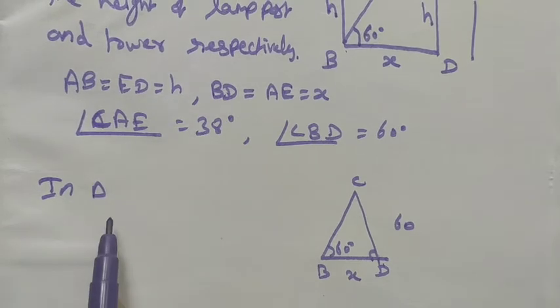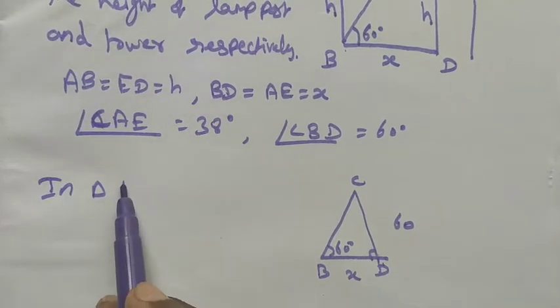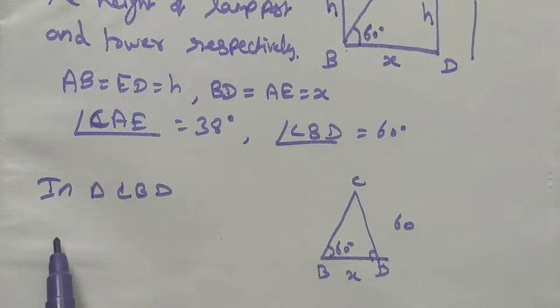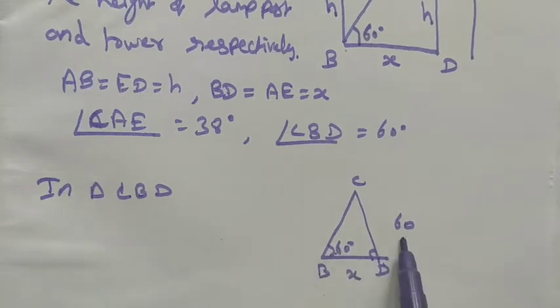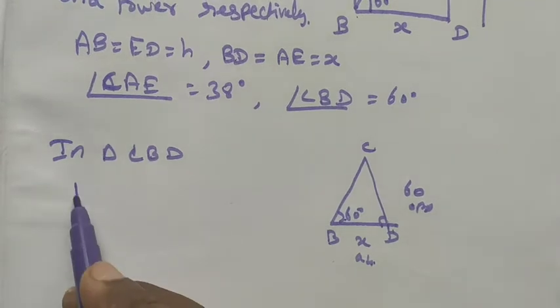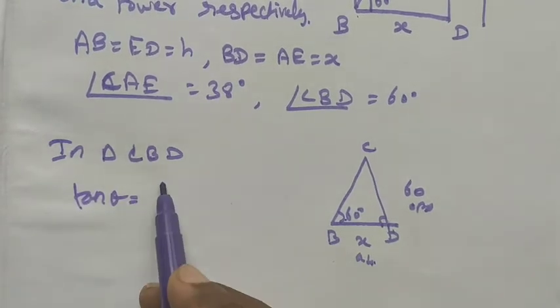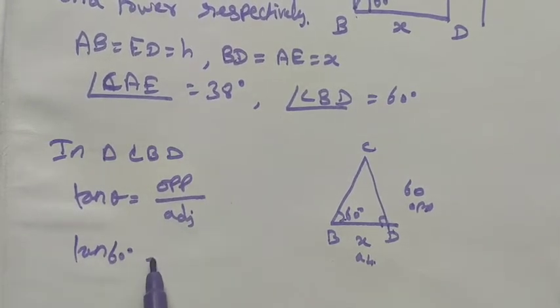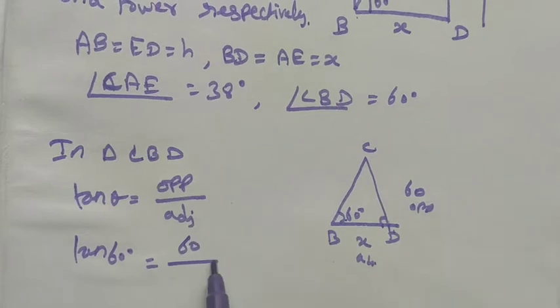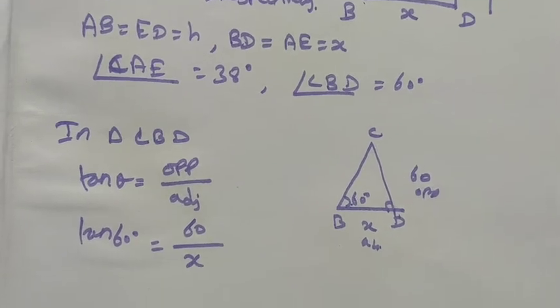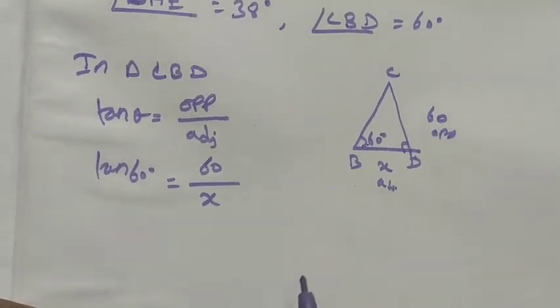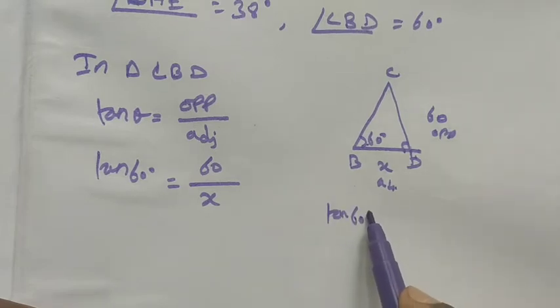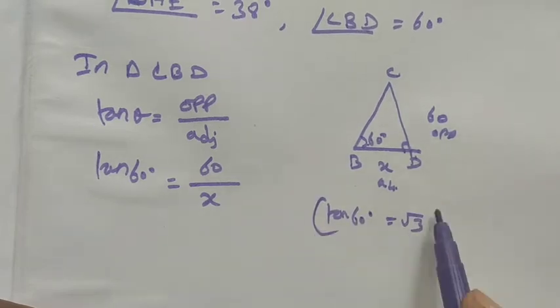In the right angle triangle CBD, the ratio of the opposite side and the adjacent side is tan theta. So tan 60 degree is equal to the opposite side 60 divided by the adjacent side X. We know tan 60 degree is equal to root 3.